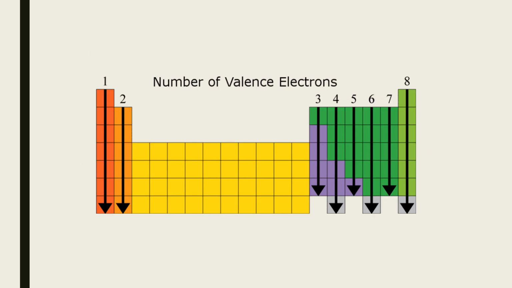This periodic table is showing you your valence electrons. If you look at group 1, they have 1 valence electron. Group 2, all of these elements have 2 valence electrons. Jump over to group 3 or 13. There are 3 valence electrons. Group 4 or 14 has 4 valence electrons.